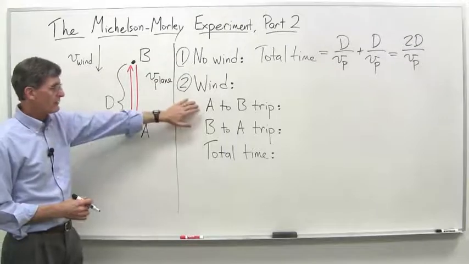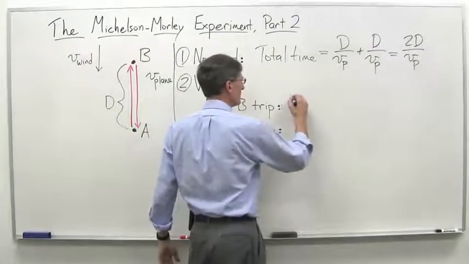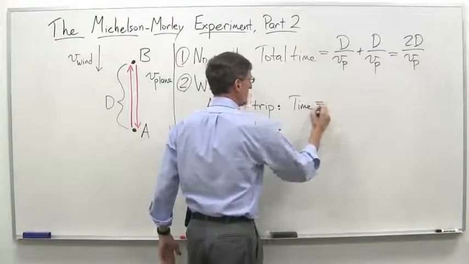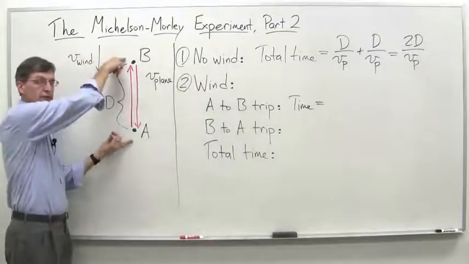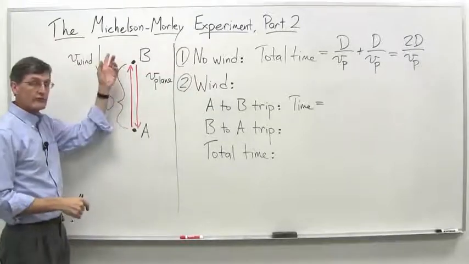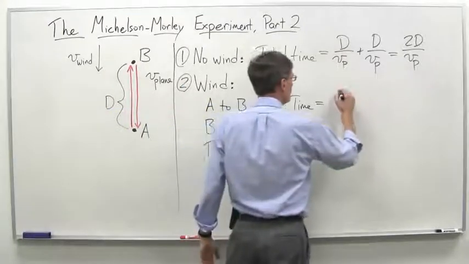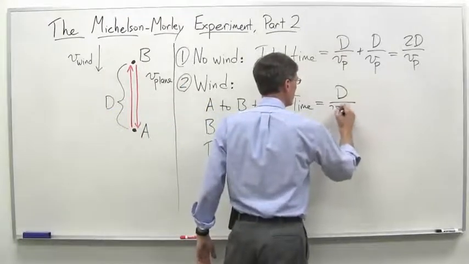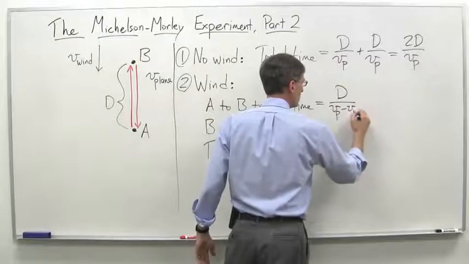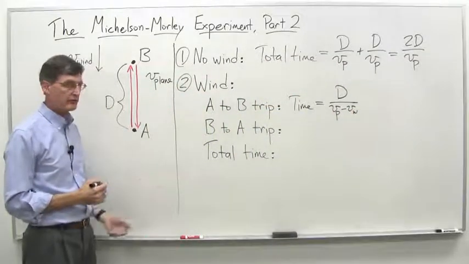Okay, so the A to B trip, the time, what we're interested in here, again, is going to be the distance, d, divided by the velocity, and the velocity going against the wind is v sub p minus v sub w. So it's going to be d over v sub p minus v sub w, just same equation as before, just different velocity this time.